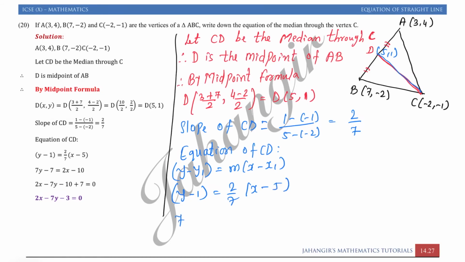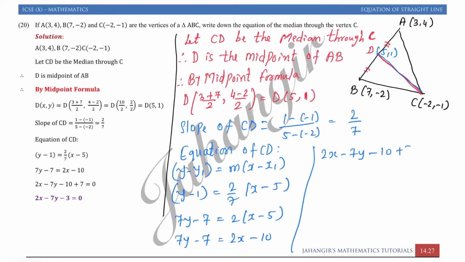Cross multiply: 7y minus 7 is equal to 2 into x minus 5. 7y minus 7 is equal to 2x minus 10. 2x minus 7y minus 10 plus 7 is equal to 0. 2x minus 7y minus 3 is equal to 0. This is the equation of the median.